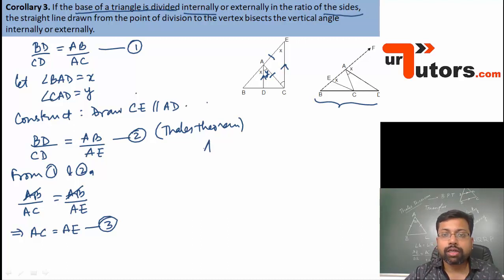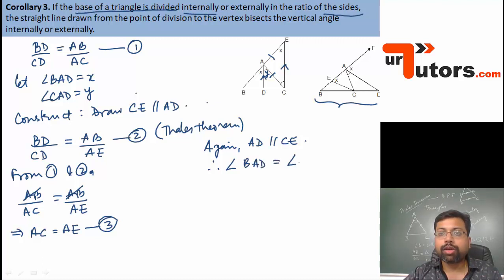Again, you have AD parallel to CE by construction. Therefore, angle BAD will be equal to angle AEC equal to X by corresponding angles.